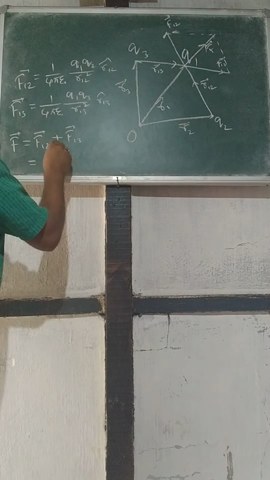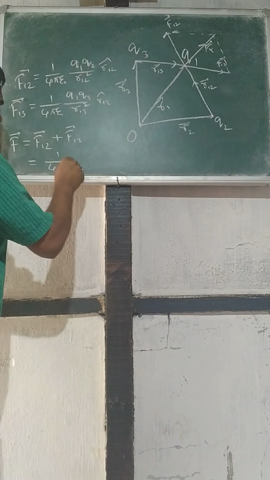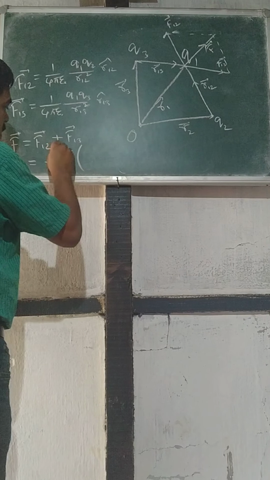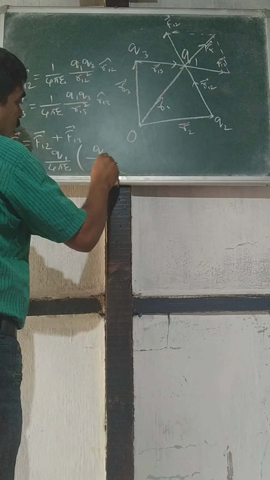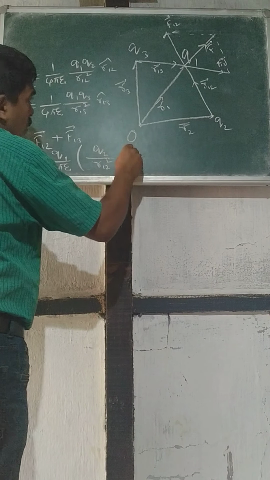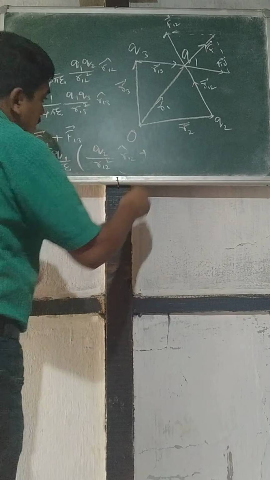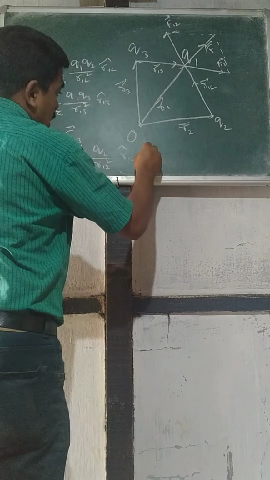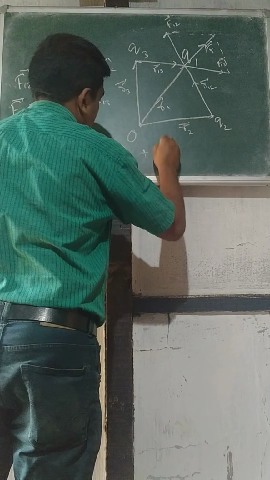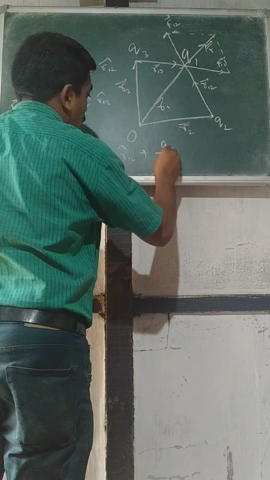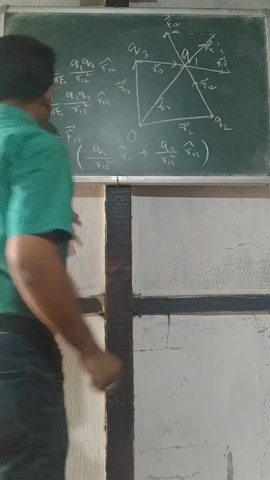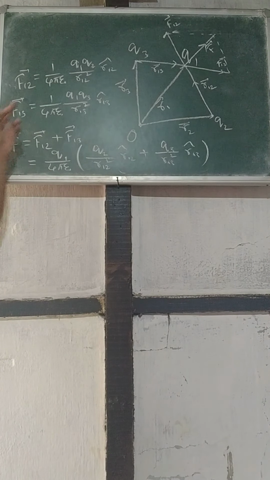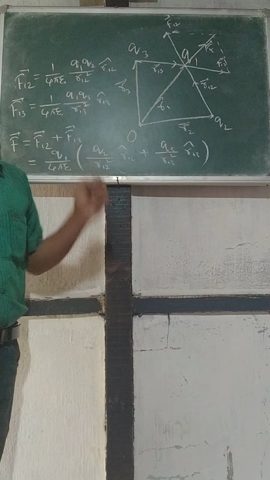This will be equal to 1 by 4 pi epsilon naught, Q1 taken common, Q2 by R12 square R12 cap plus Q3 by R13 square R13 cap. This is the force on charge Q1 due to the presence of Q2 and Q3.